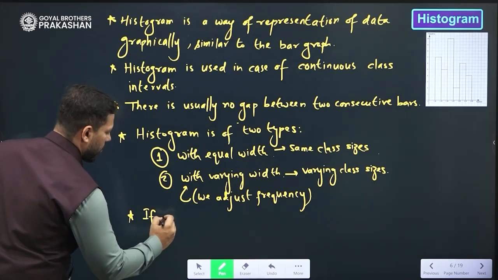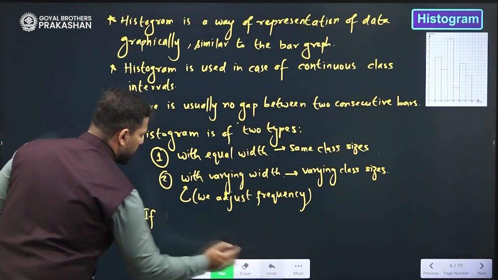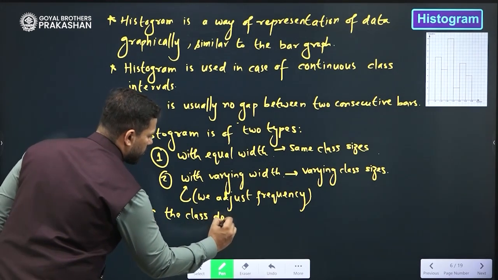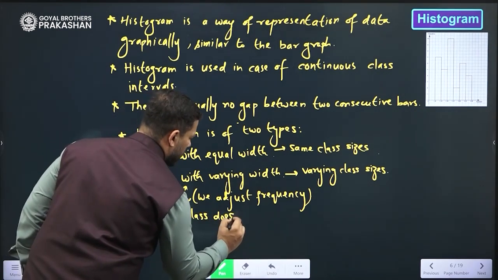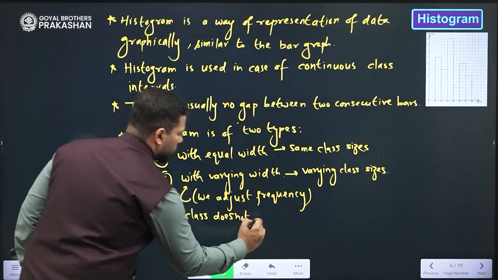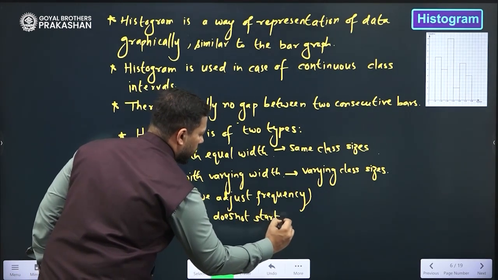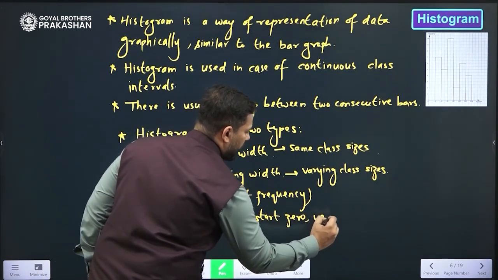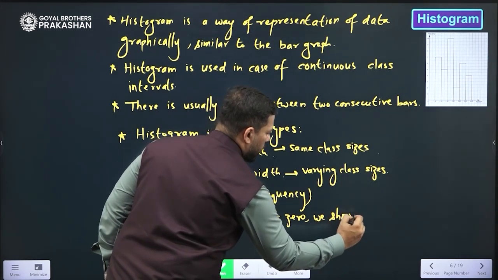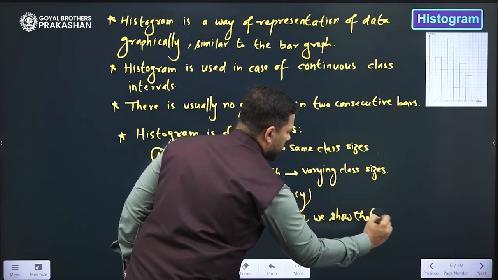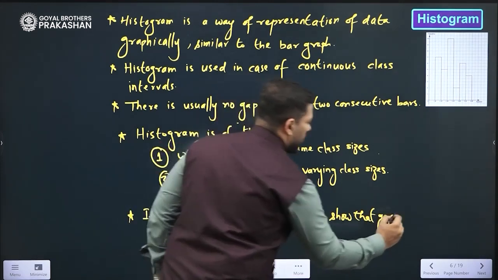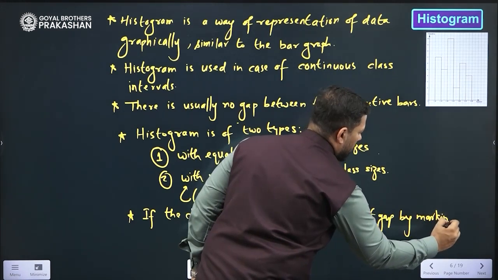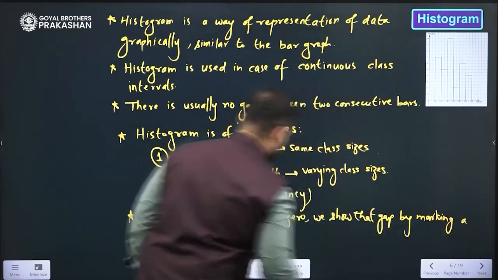If the class interval does not start from 0, we show that gap by marking a kink.